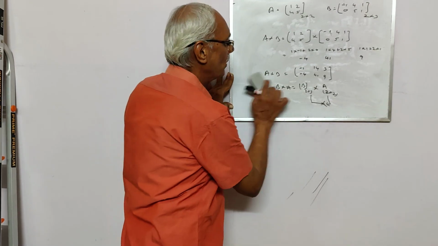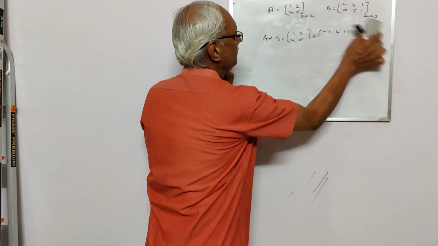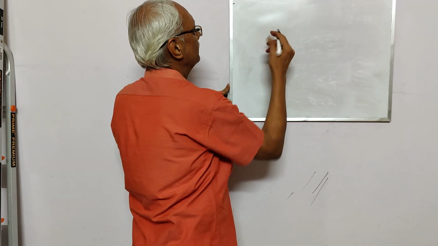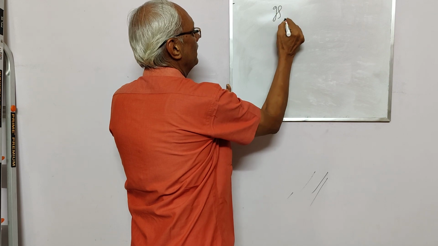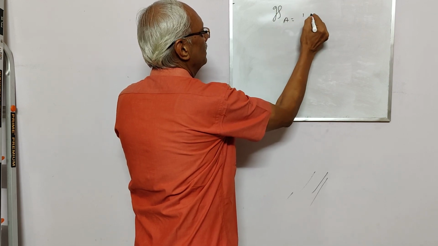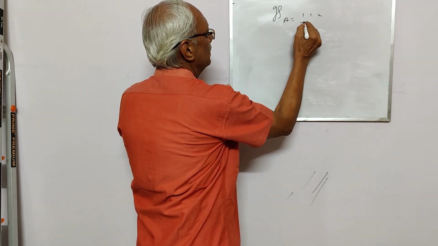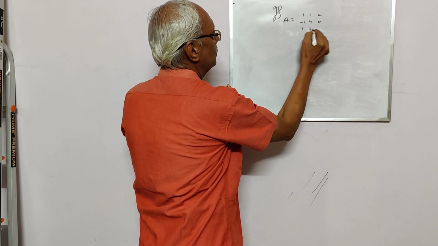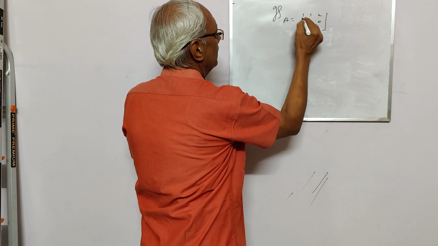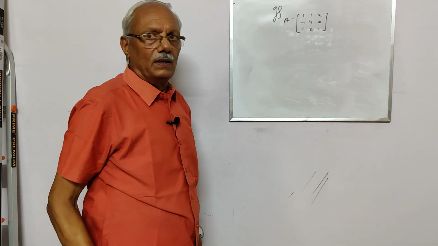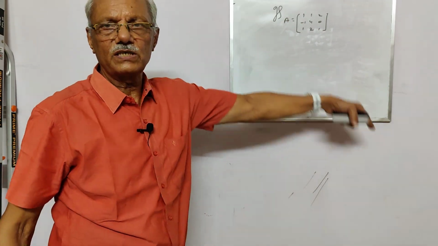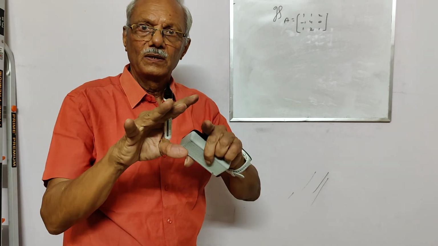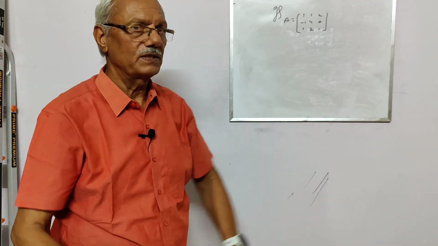Then an important point I will tell you. If A is 1, 1, 2, minus 1, 4, 0, 1, 2, 1, A is a 3 cross 3 matrix. It is a determinant in the sense that the number of rows is equal to the number of columns.